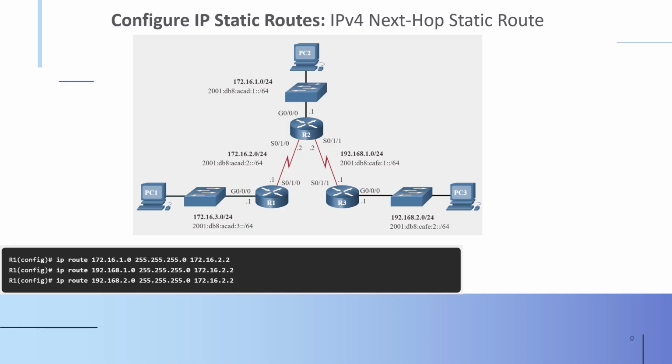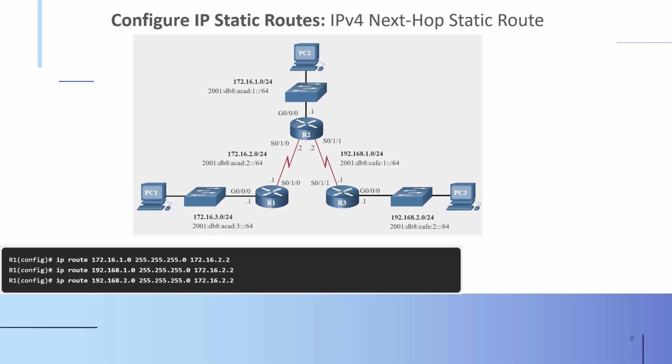And the third network, by using the IP route command, we add 192.168.2.0 with the subnet mask 255.255.255.0, which is the directly connected network at router 3 through interface Giga 0/0.